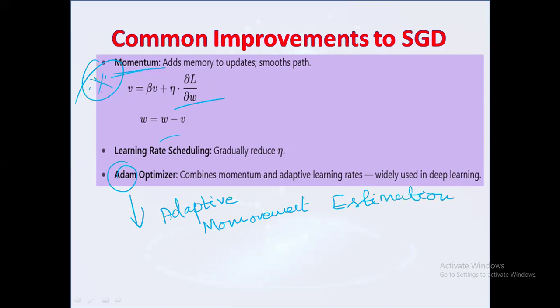Adam combines momentum and adaptive learning rates to offer efficient and robust convergence and is widely used in training deep learning models. So if SGD has been stuck, we use these techniques to overcome it or improve it.